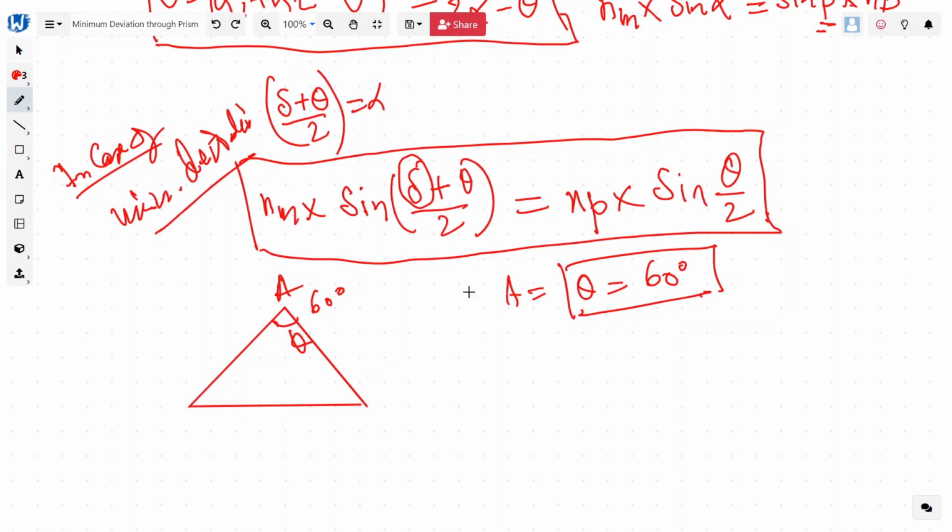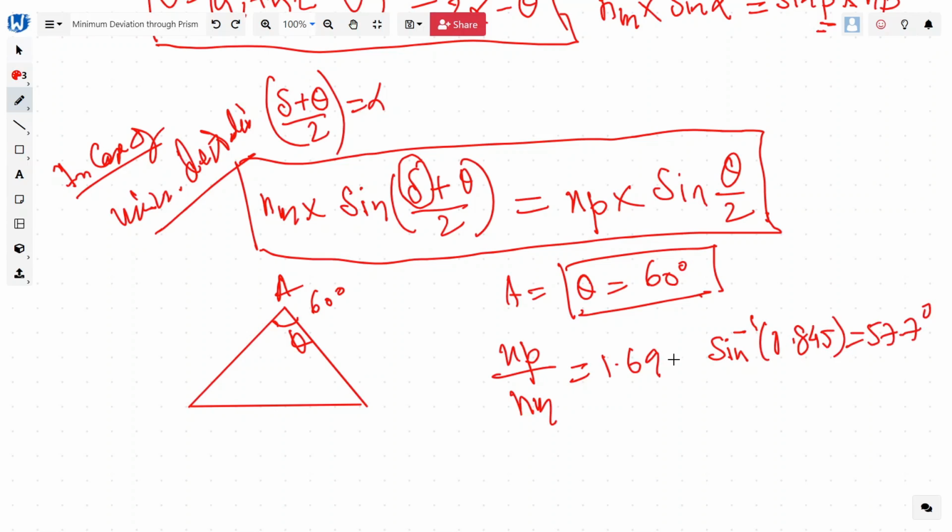And it says that the ratio of the refractive index of the prism divided by the refractive index of the medium is given to be 1.69. And also, sine inverse of 0.845 is equal to 57.7 degrees. Okay, so we can use that if required, and we are supposed to calculate the minimum deviation.